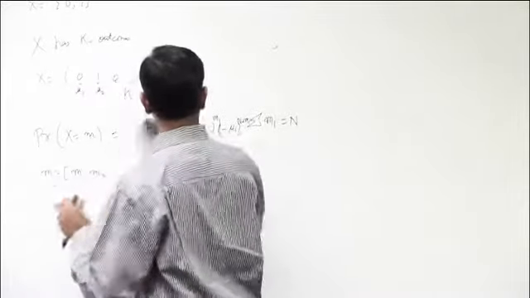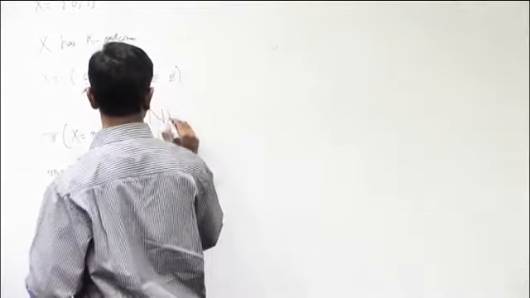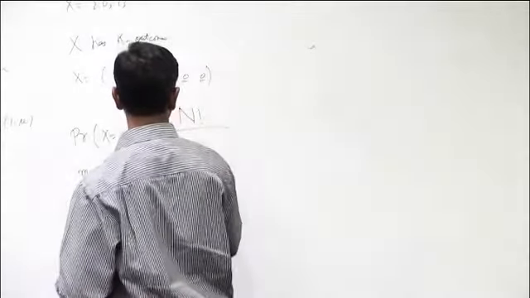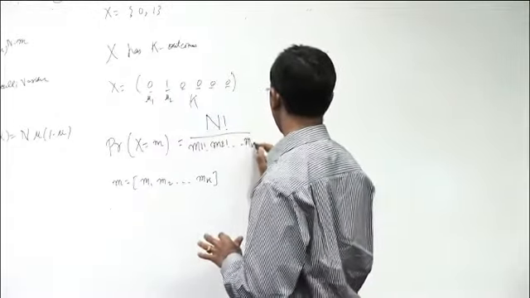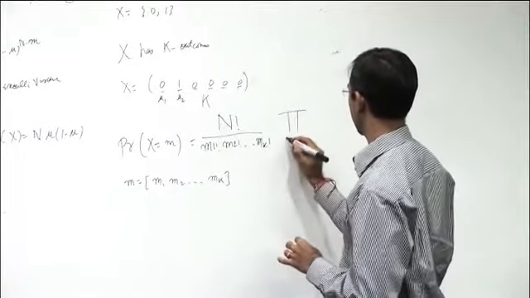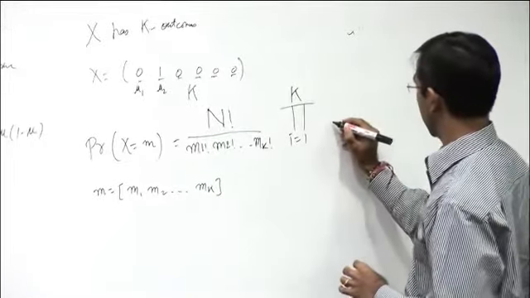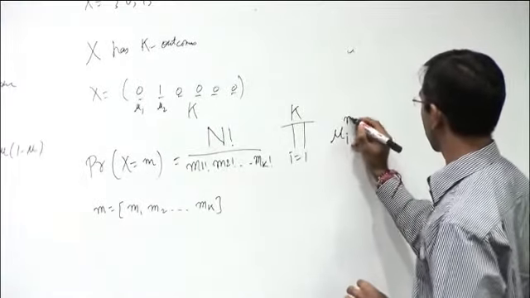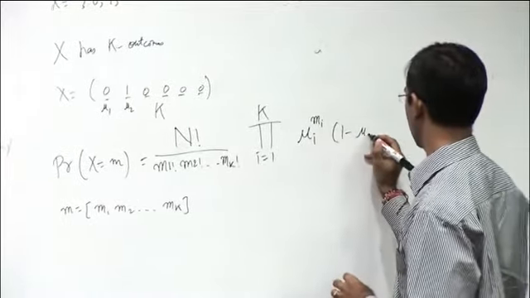So this is n factorial over m1 factorial, m2 factorial till mk factorial, times the product over i equals 1 to k of mu i to the power mi, times 1 minus mu i to the power n.